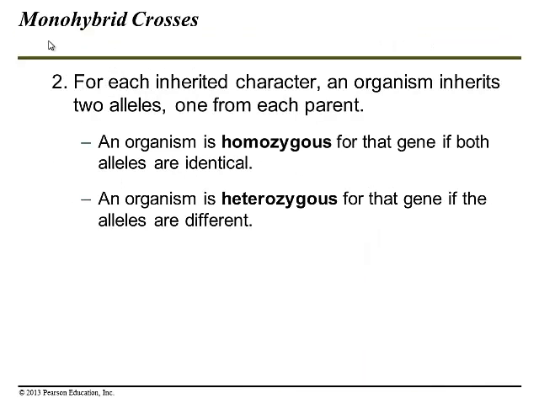So for each characteristic, for each protein, you have two alleles. When we talk about eye color and hair color, I hate to throw those out there because some of them actually involve more than two alleles.